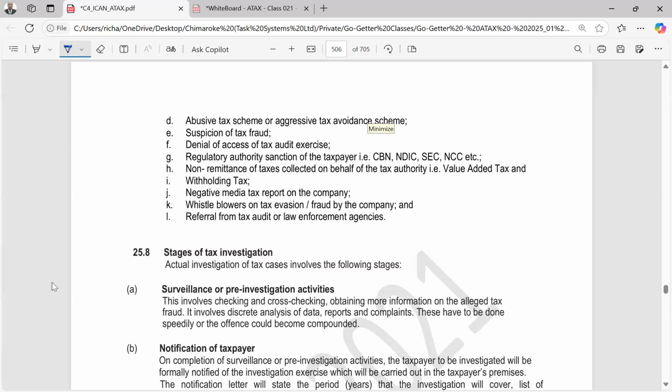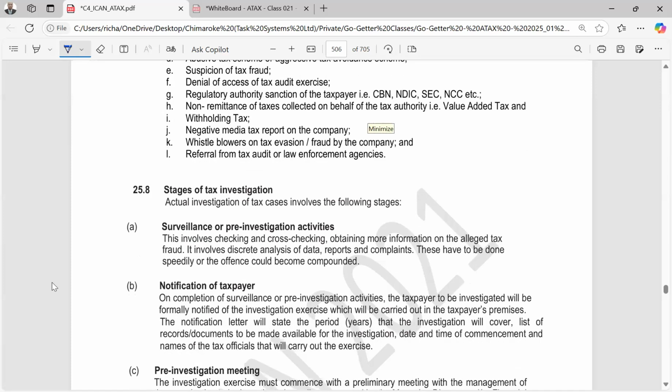Then suspicion of fraud, denial of tax audit, denial of access to the tax audit exercise. Other things also lead to tax investigation. It could be as much as refusing to file withholding tax.